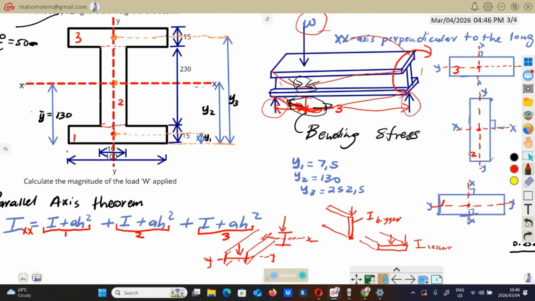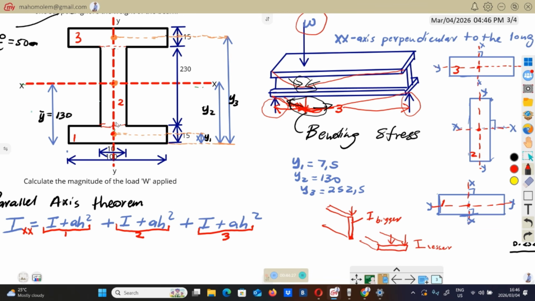Now, as the name implies, I've shown you what the axes are. We're going to use the axis that will be parallel. Parallel to what? Parallel to this XX, the XX of the composite.